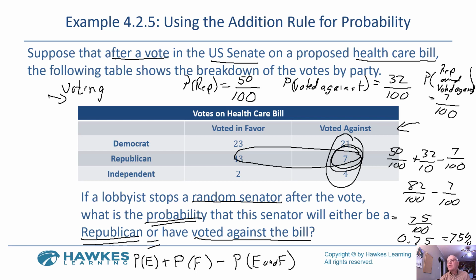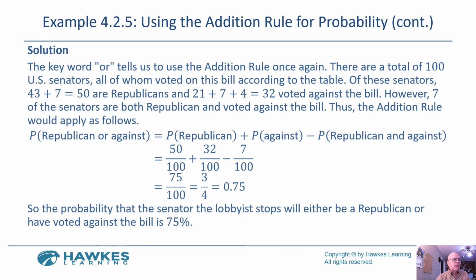We've got our answer. So the probability that the senator who was stopped by the lobbyist will be either a Republican or have voted against the bill is 75%. Here's a summary of what we just did. A little bit cleaner, easier to read than my writing, but still the same thing.